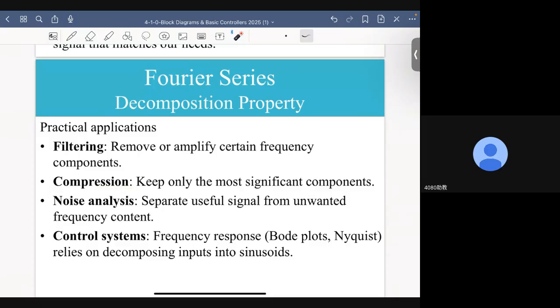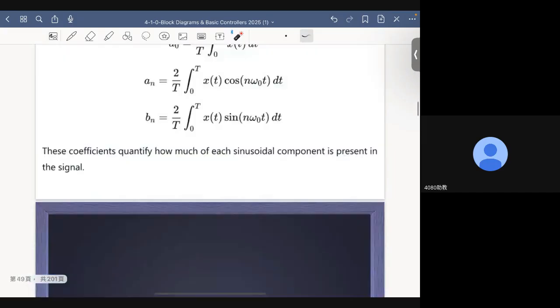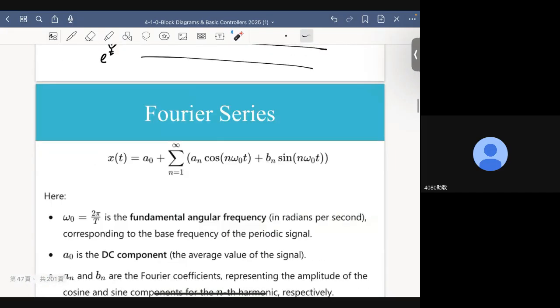Compression: keep only the most significant components. Okay, in theory, this Fourier series representation has an infinite number of terms, okay? No computer can deal with an infinite number of terms. But fortunately, for almost all real-world signals, A_n and B_n will decrease or converge to zero, okay?